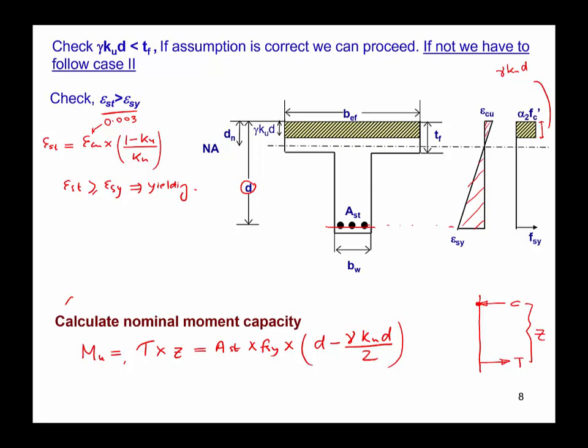You already know the value of gamma as well as ku, and you can find your ultimate moment capacity.